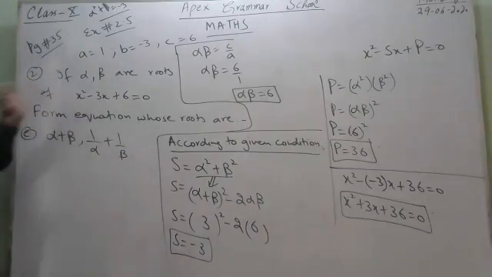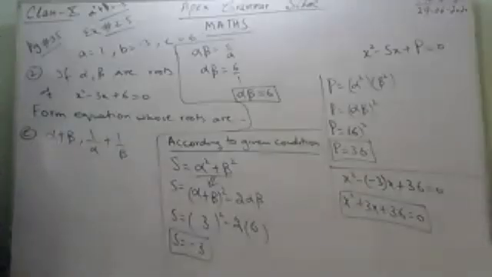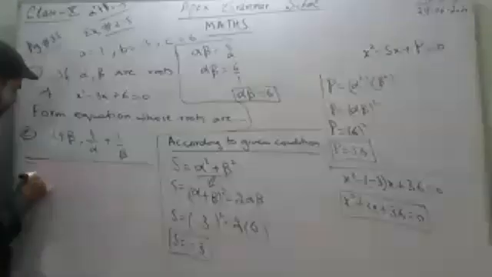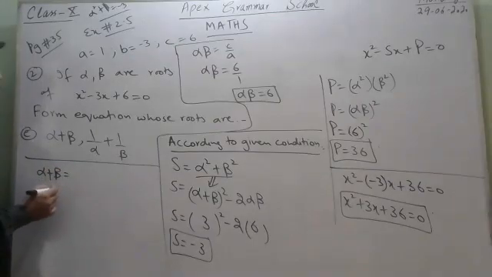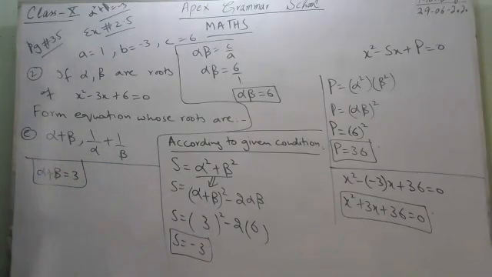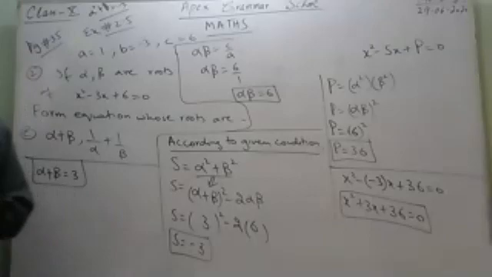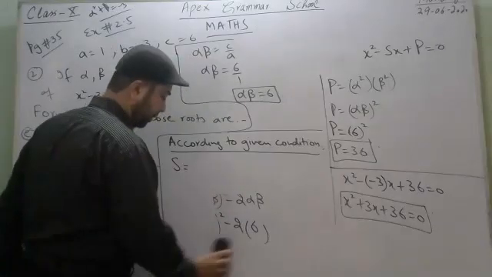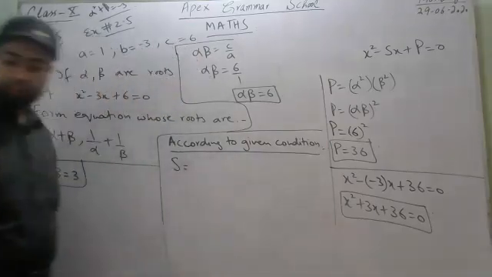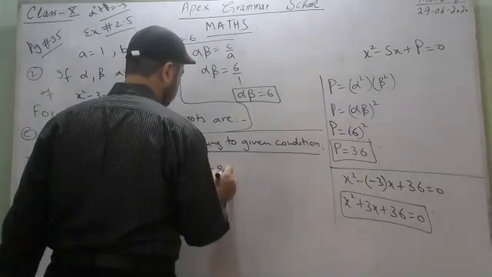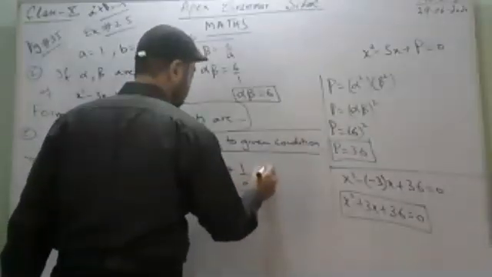Now we have to form the equation. We have the sum of roots already, alpha plus beta, minus b over a, that is 3. Now according to the given condition, we need to make it. First is the sum: alpha plus beta plus 1 over alpha plus 1 over beta.